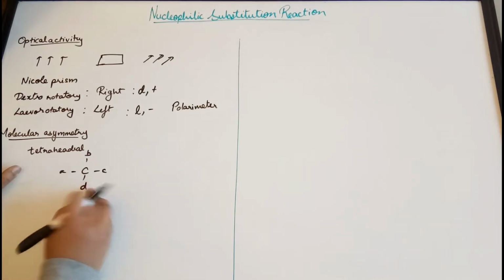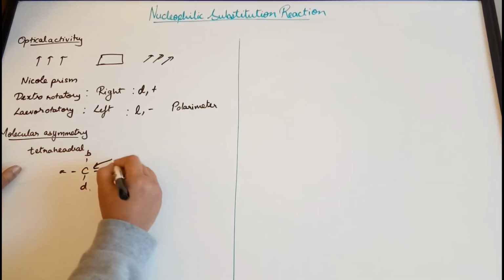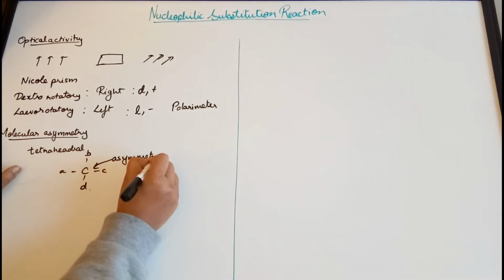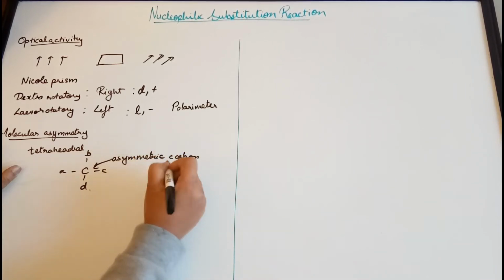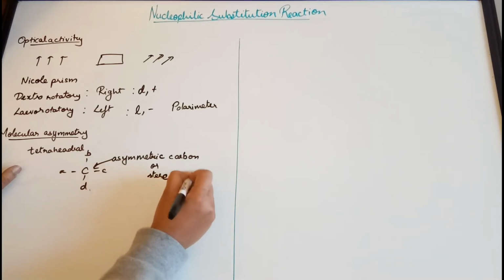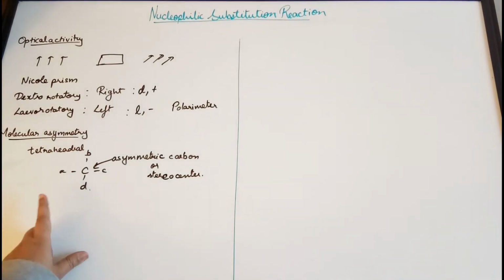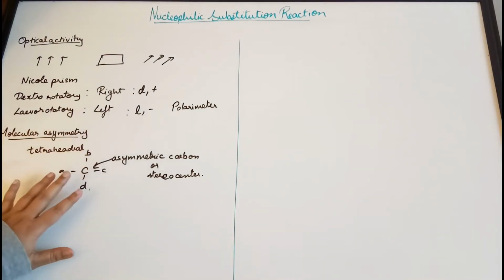So this carbon is referred to as an asymmetric carbon, or it is also referred to as a stereo center. This carbon has the substituents arranged in a tetrahedral geometry, and it is bound to 4 different substituents.